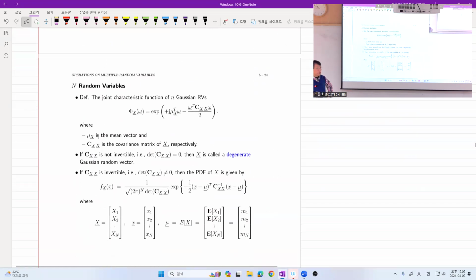So here goes the n case. And in the case of n random variables, as you've seen already in your undergraduate course, they usually do not provide you the joint density because it's too complicated. However, they provide it in a vector matrix form. So here goes the joint density of a Gaussian random vector X. By the way, what is a Gaussian random vector?